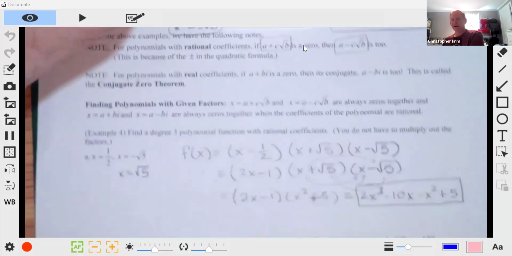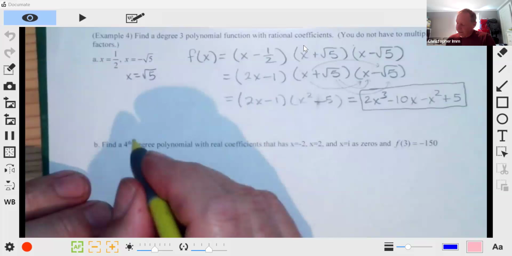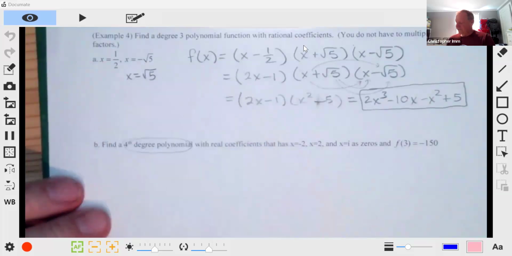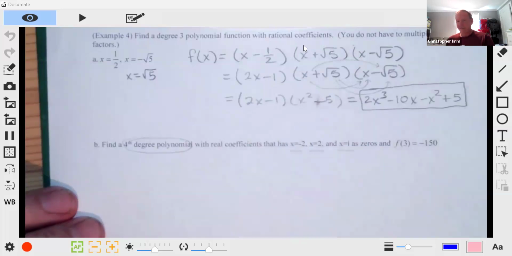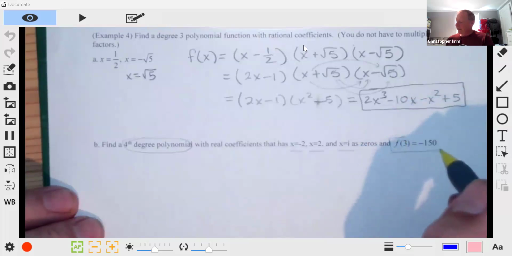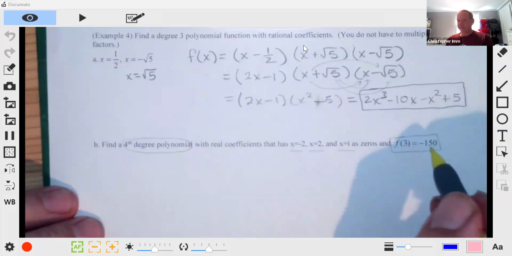All right, finally, let's look at this last one. I need a 4th degree polynomial with real coefficients that has x equals -2, x equals 2, and x equals i as zeros. And I also need it to go through the point f of 3, so the function at 3 is -150.